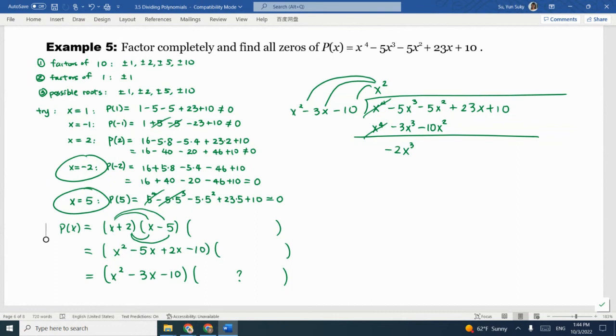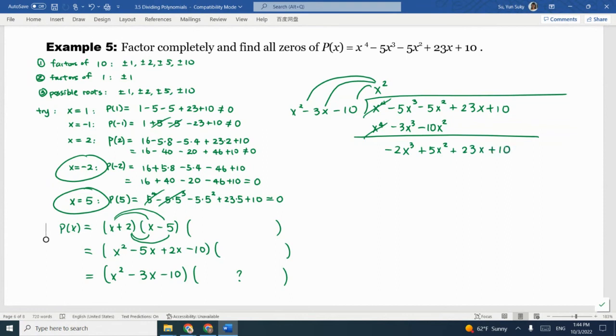Right? Yeah. And then negative 5x squared minus negative become plus 10. We get what? Plus 5x squared. And then we still have 23x and the 10.